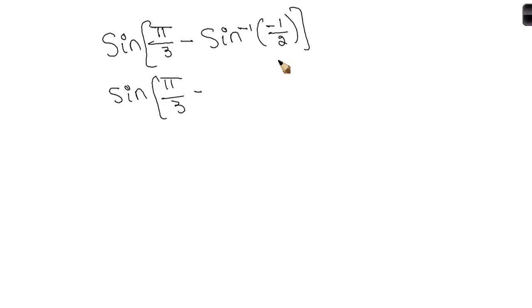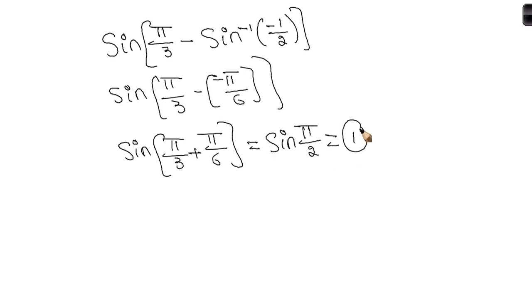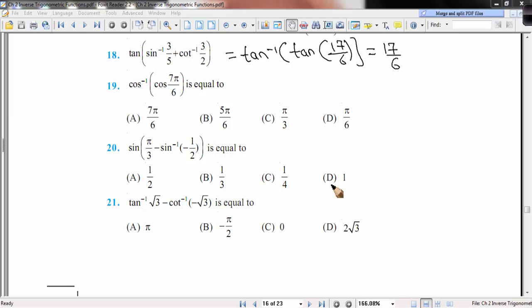Sin becomes minus 1 by 2 for minus pi by 6. So pi by 3 minus of minus would become plus: sin of pi by 3 plus pi by 6. That would be pi by 2, that is sin pi by 2. Sin of pi by 2, the answer is 1. So the answer for this question should be 1, which is option D.